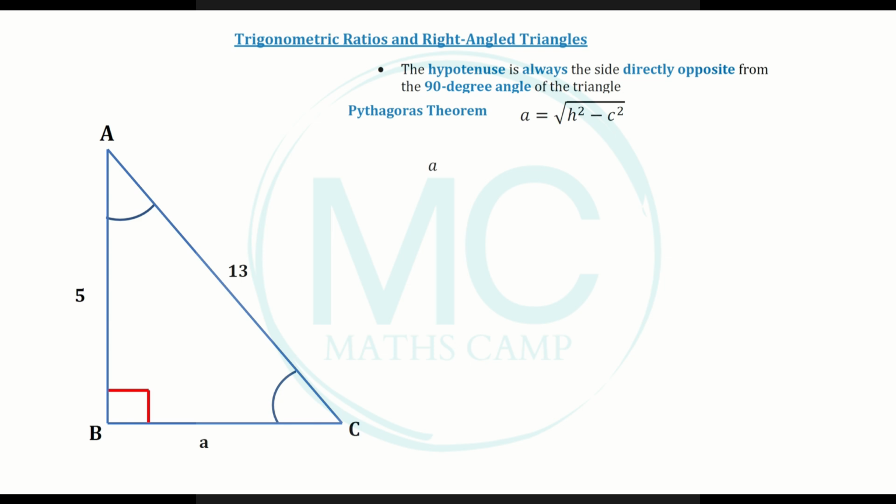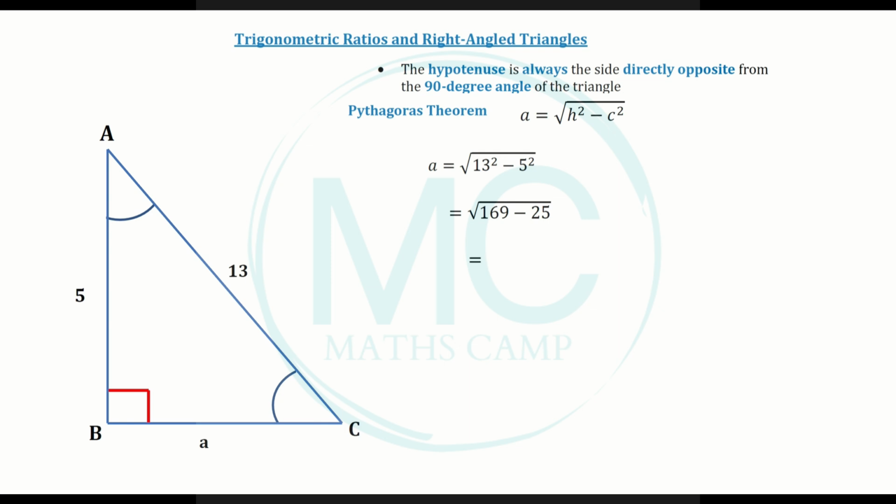So now we can say A is equal to the length of the hypotenuse, which is 13, squared, minus the length of side C, which is 5, squared, all under a square root. Now we can square our terms. 13 squared gives us 169, minus 5 squared, which is 25, under a square root.